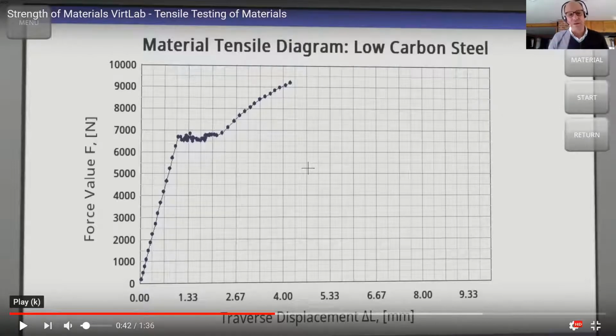You can see that if you look at the bottom, that's traverse displacement delta L. So that would be your delta in the equation. Delta equals PL over AE, right? Delta equals PL over AE.